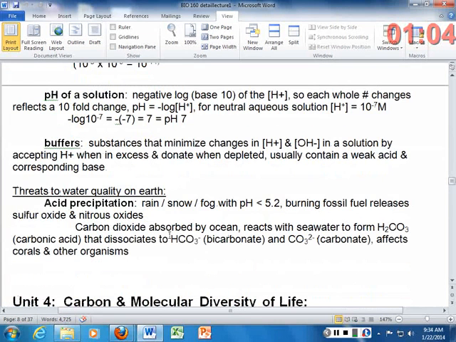So a buffer is a substance that helps to slow or minimize the pH change in a solution. A lot of times in the body, you're going to have a lot of buffers because pH is going to control when processes will happen. When you eat some food, yes, you've got acid in the stomach, but you're putting in something that is not as acidic as the environment.